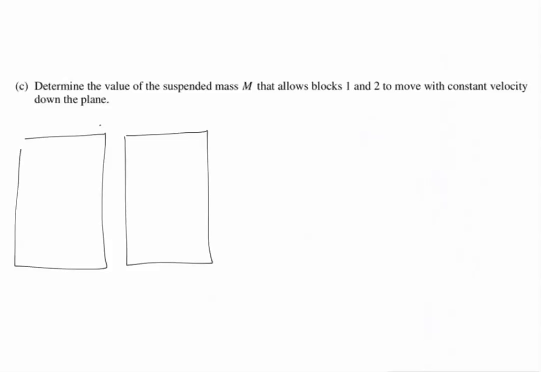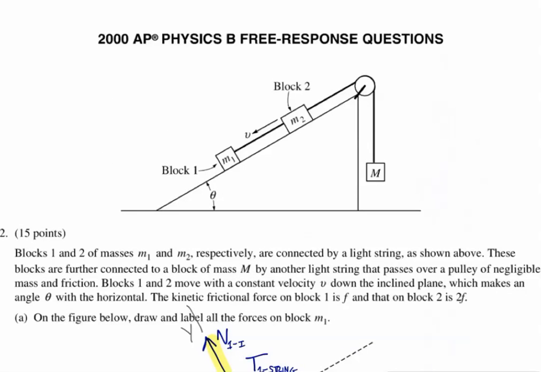Let me go back to the previous page so we can look at this picture. When we finally get done with those 2 free body diagrams, you are going to notice that for this system over here and this system over here, we can write free body diagrams and therefore Newton's law equations for each. But each of those systems shares a quantity, and I'll tell you right now, it is the tension in this string.